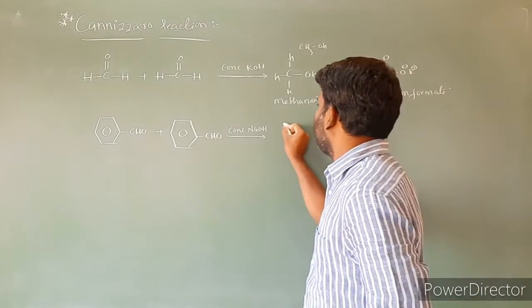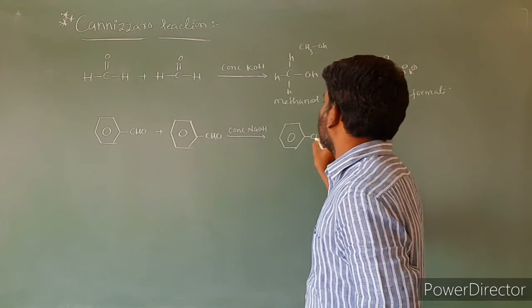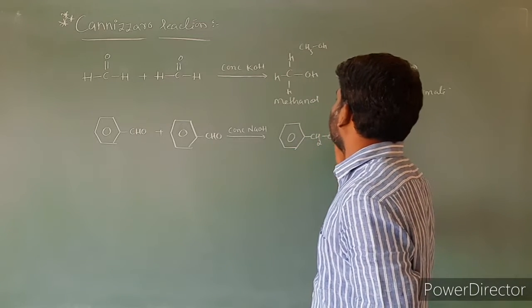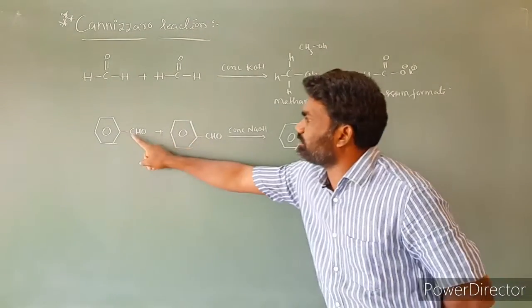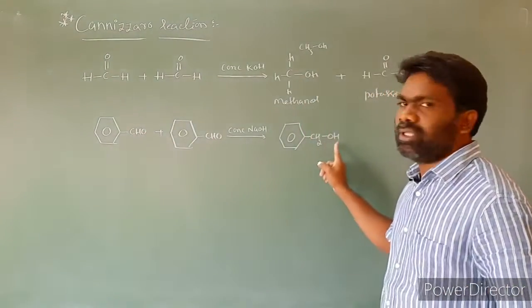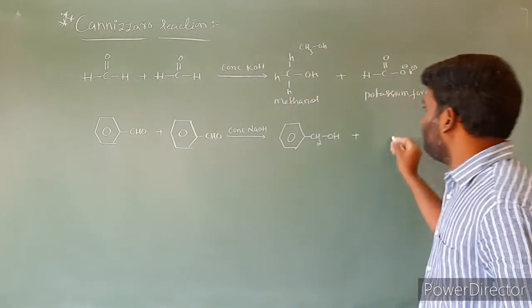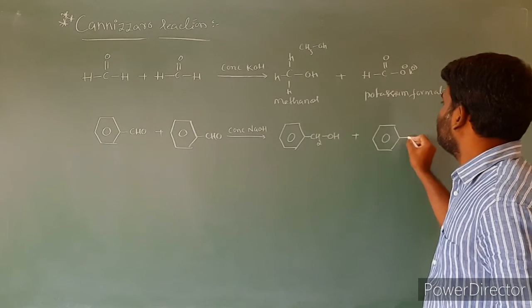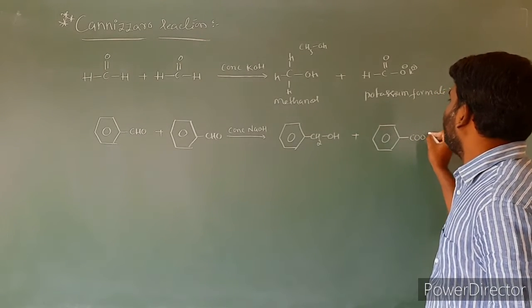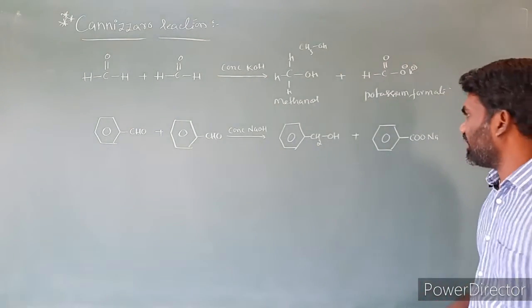The product is CH2OH, so look at it, the alcohol group, and the other molecule is COO minus Na plus. Like this also we can write.